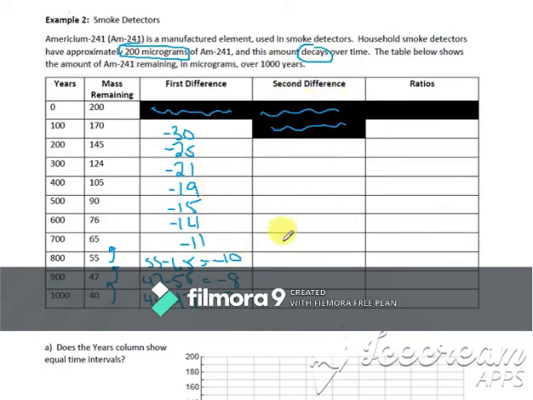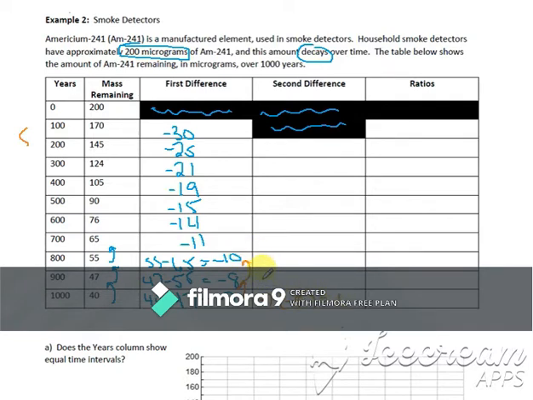Now for second differences, we take the difference of the first differences. I'll show you two of them. Negative 7 minus negative 8, which turns into positive, so that's just 1.